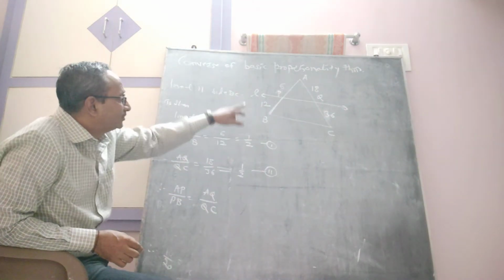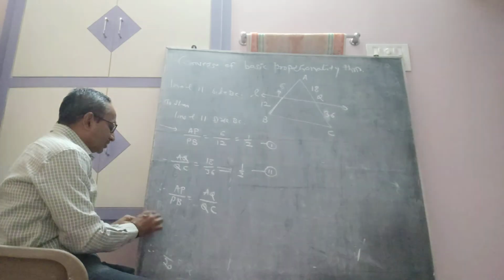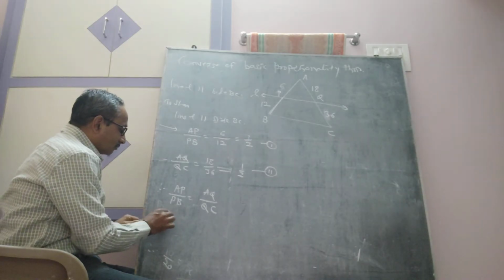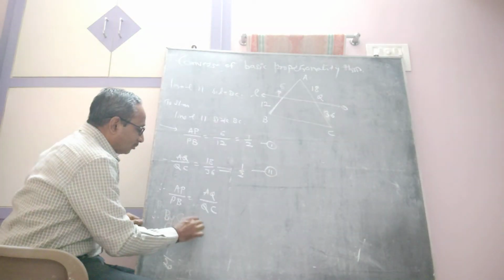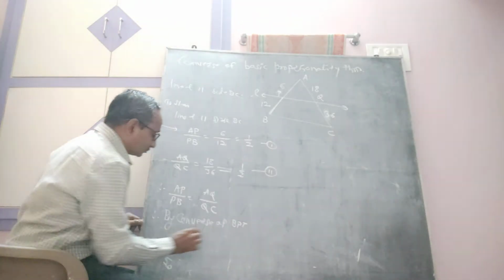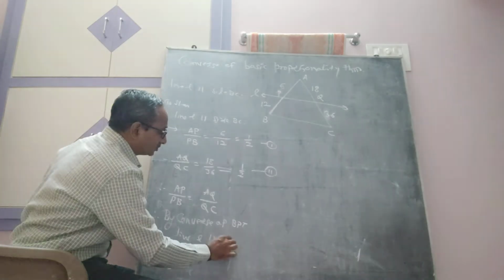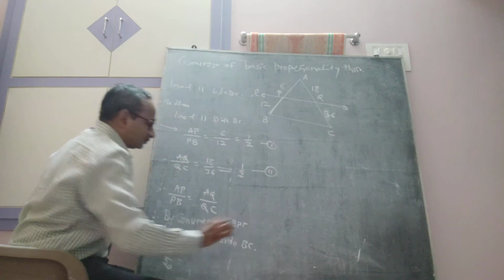So by converse of BPT, line L is parallel to side BC.